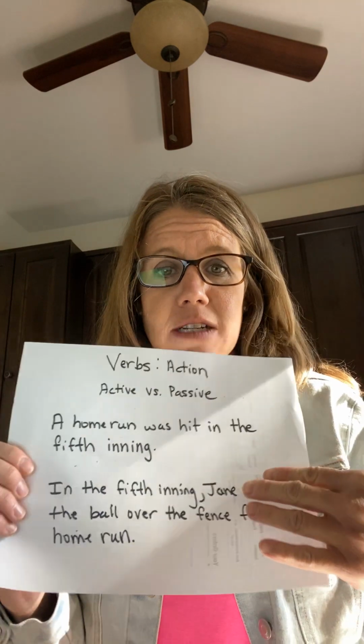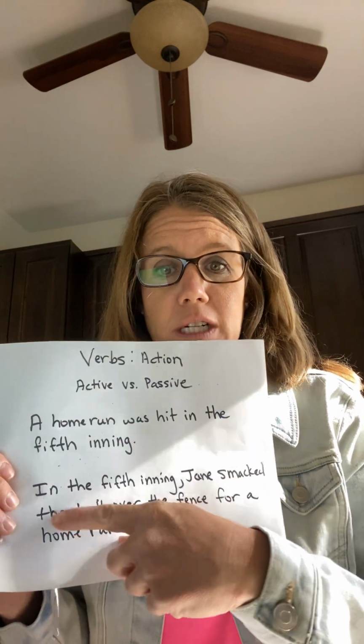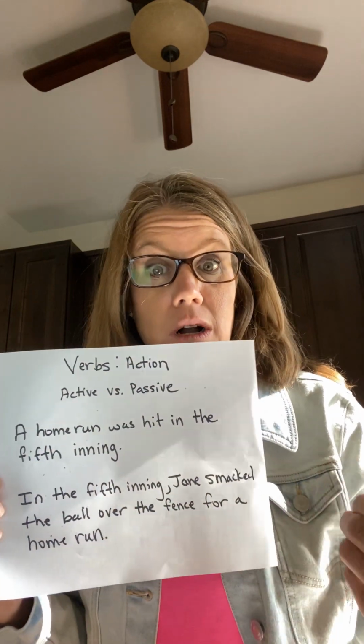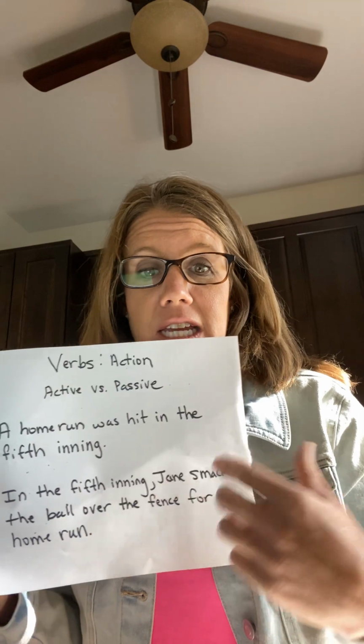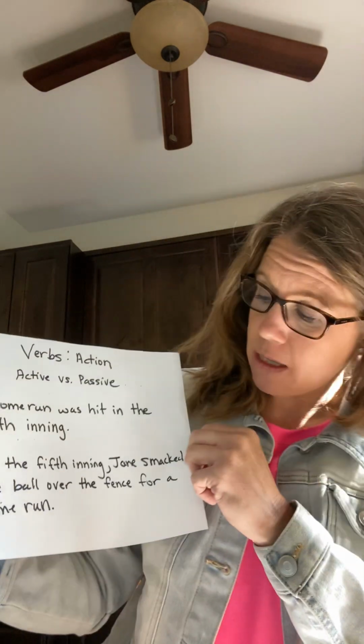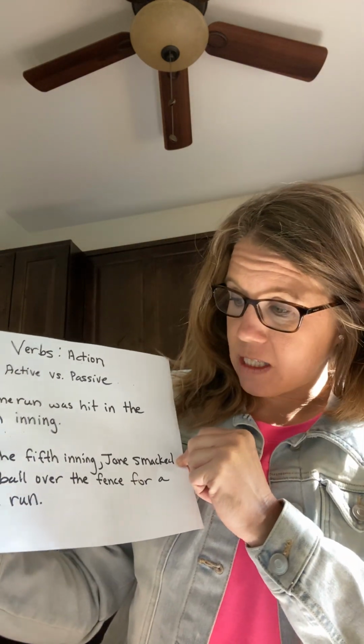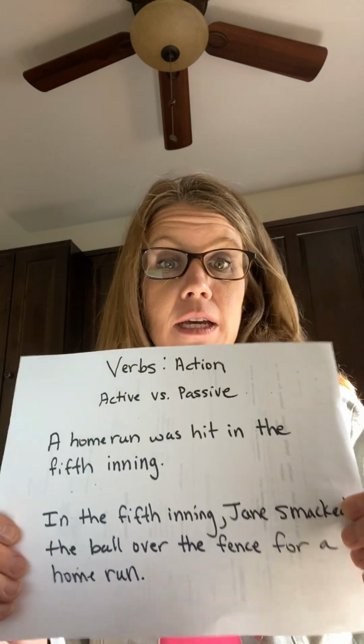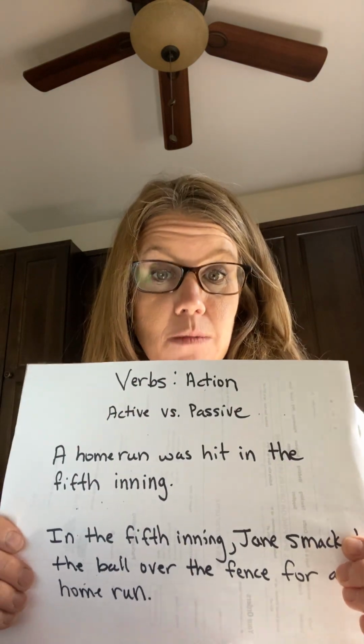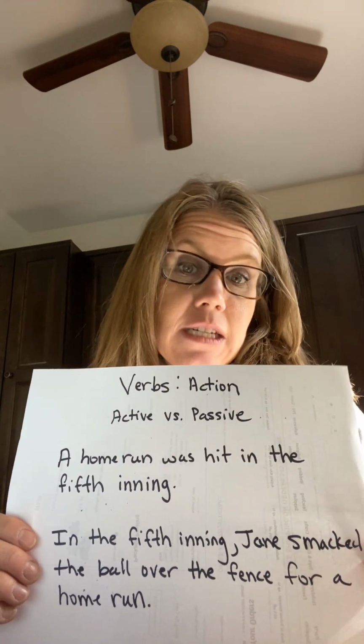Using the active voice and some descriptive language, some strong verbs: in the 5th inning, Jane smacked the ball over the fence for a home run. That is a much better, more active sentence. Now we have a better picture of what happened. We know that the hitter was Jane. We know that it was a really hard hit, that it went over the fence, and she got a home run.